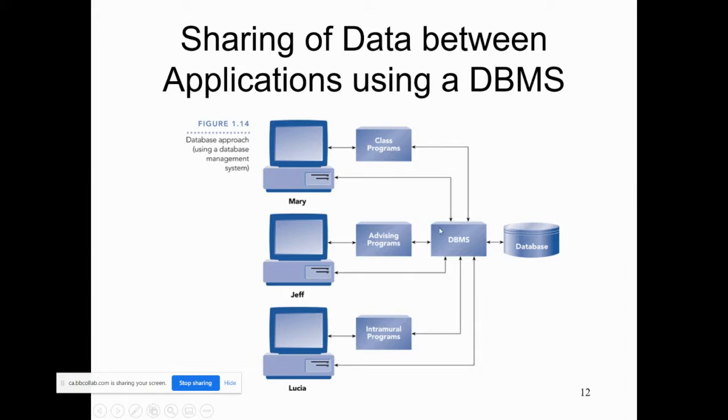Now all three of them go through the database management system, and the database management system connects to a centralized database. Now that we can share data between different applications, obviously we do not have redundancy. I do not need to store student data within the class file and advising file. I store student information in one table only.